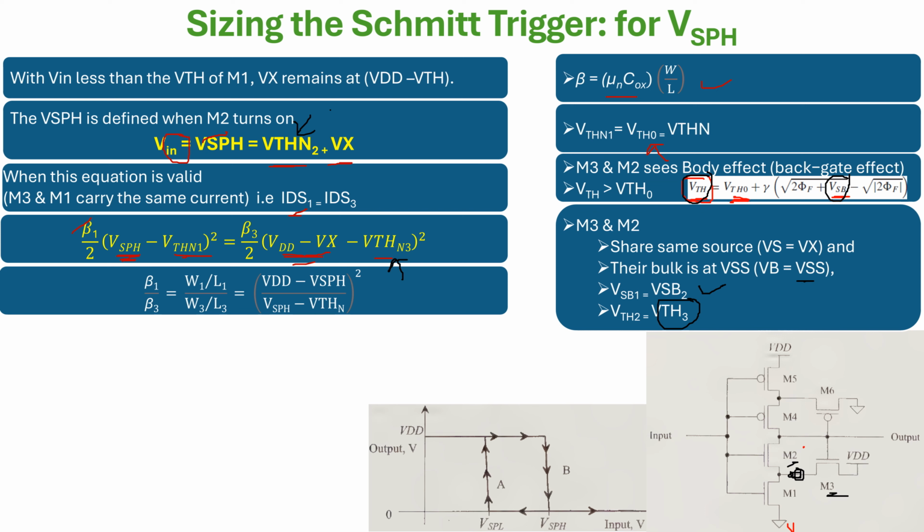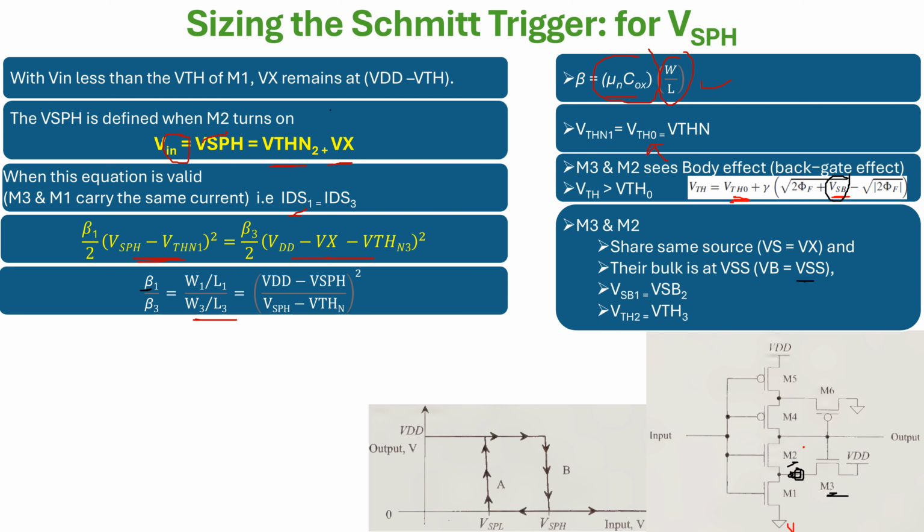Now sort the equation in a proper order. So we have beta 1 by beta 3, and since both are NMOS devices, the mobility and oxide capacitance get cancelled. So we can write it as W by L over W by L, which is equal to this divided by this.